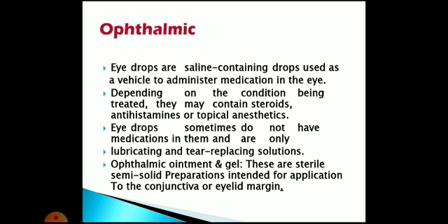Another class of drug dosage form is called ophthalmic preparations. In ophthalmic preparations, there are eye drops, eye ointments, or ear drops. Eye drops are like saline, containing a drop used as a vehicle to administer medication in the eye.